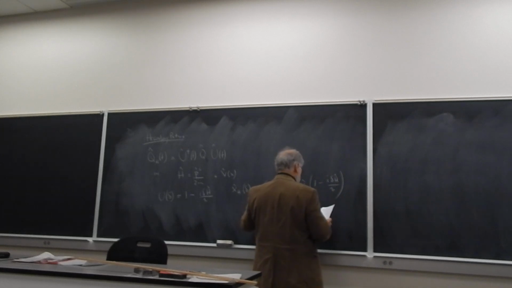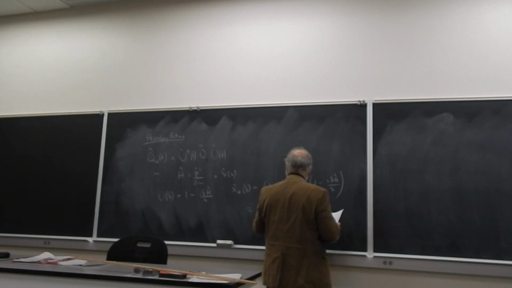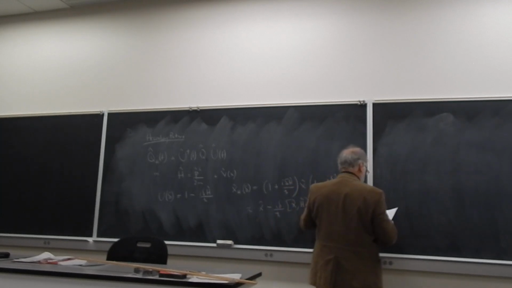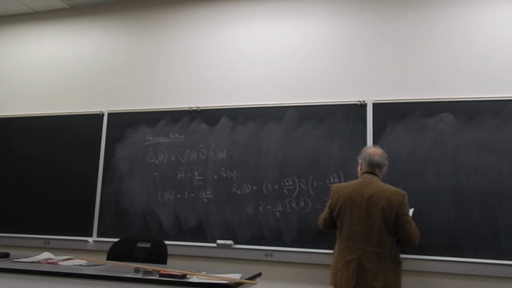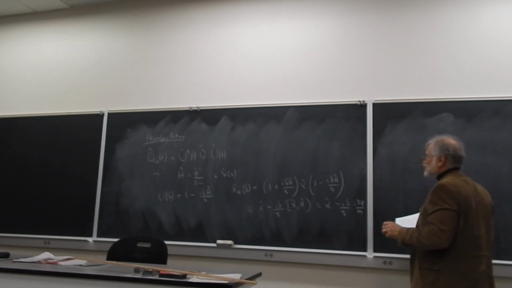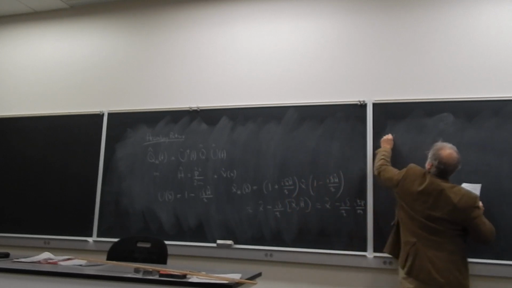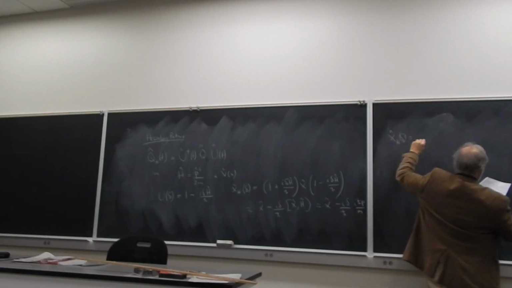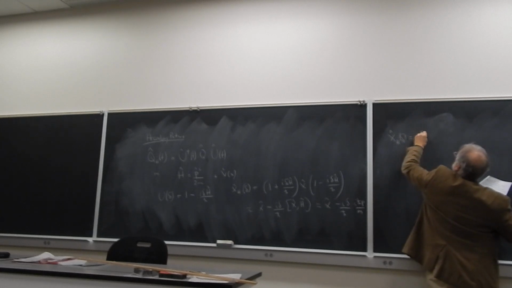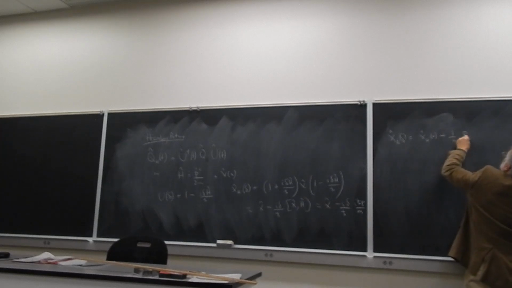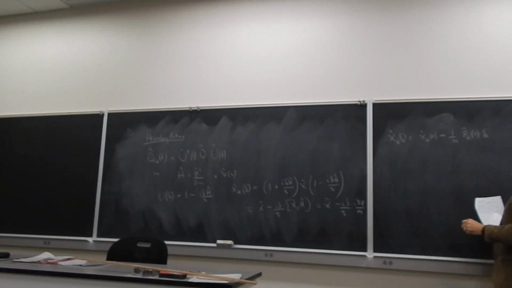I can approximate this as x minus i delta over h bar times the commutator of x and H, which works out to x operator minus i delta over h bar times i h bar p divided by m. So in the Heisenberg picture, my x operator can be written as a function of delta as x_H of 0 plus 1 over m p_H of 0 times delta.